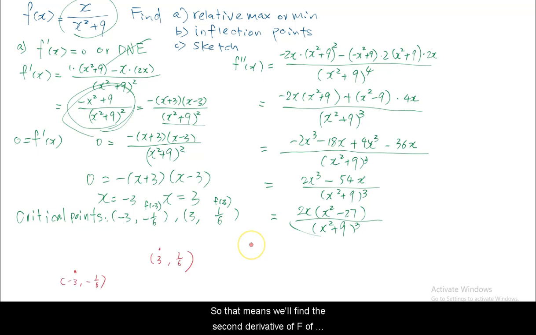So we'll use the second derivative to decide if these two critical points are local maximum or local minimum. We'll find the second derivative of f at negative 3 first. I just want to decide if it's positive or negative. So negative times negative divided by positive is overall positive, and that means it's concave up at negative 3, negative 1/6. Now let's calculate the second derivative of f at 3.